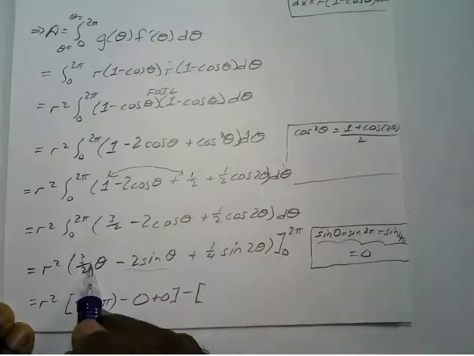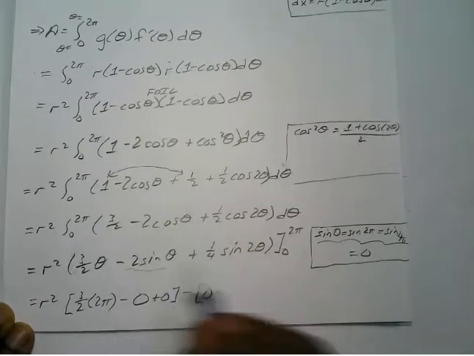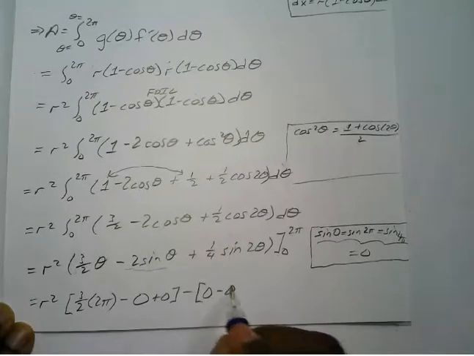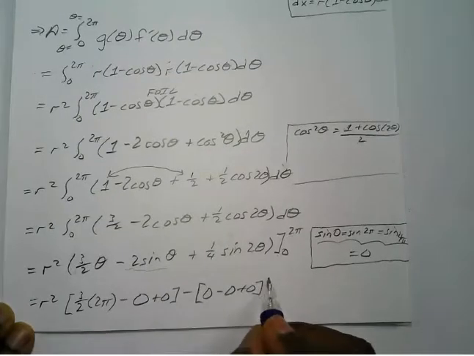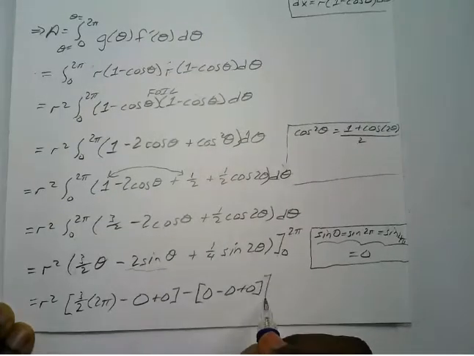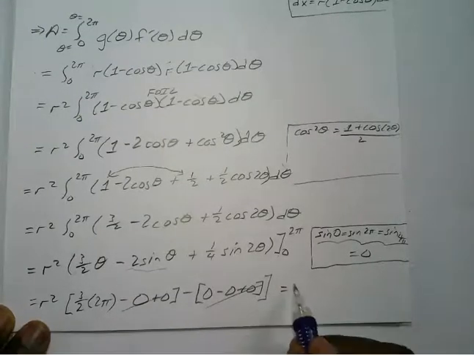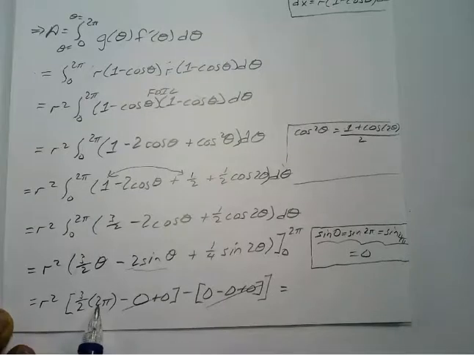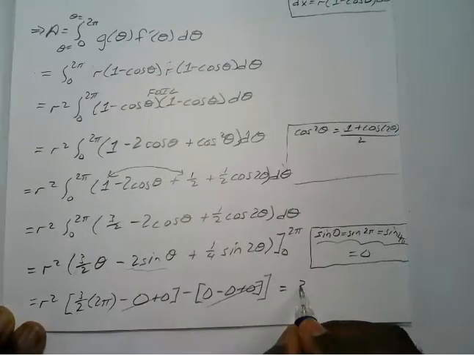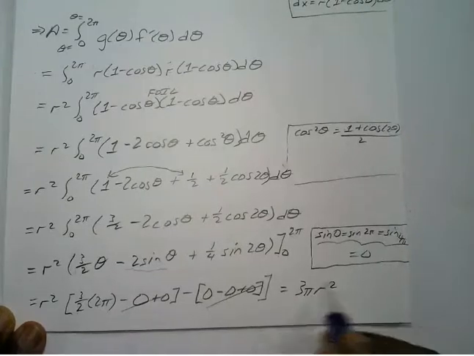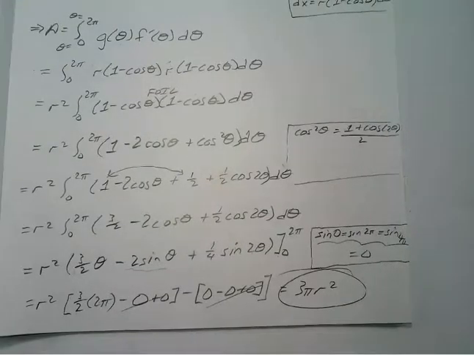Minus, if we plug in 0, we have 0, 0, and 0. So all of those just disappear, and the 2s cancel out. So we have 3 pi r squared for our final solution.